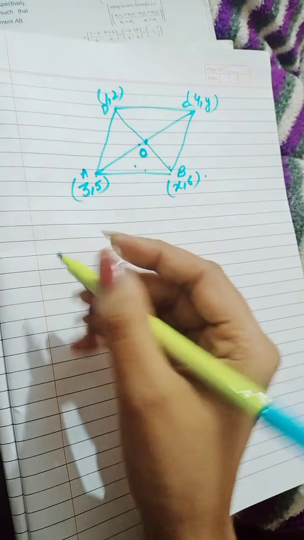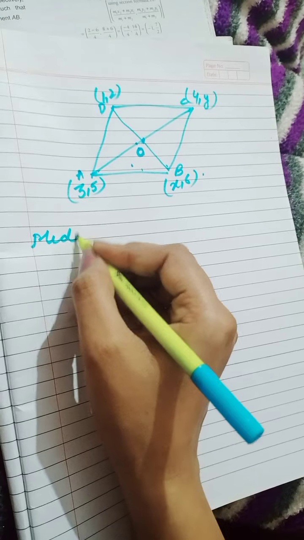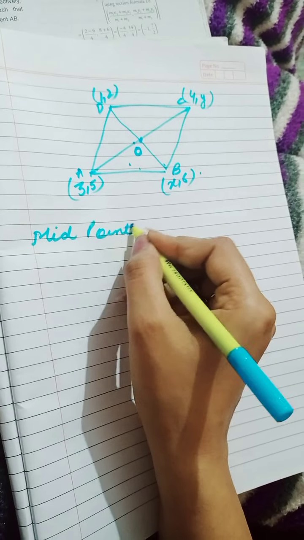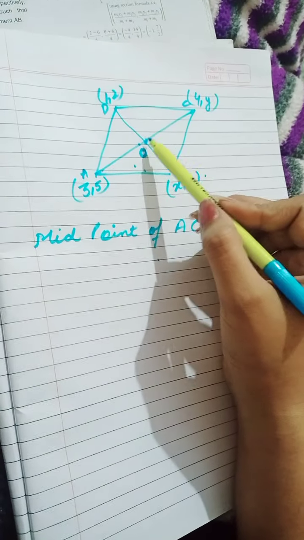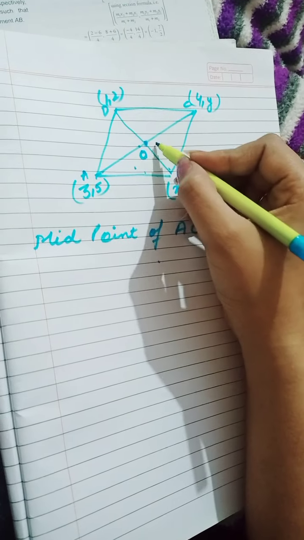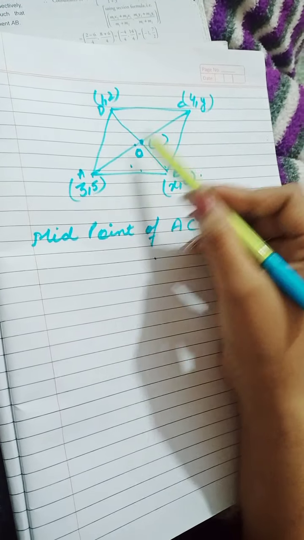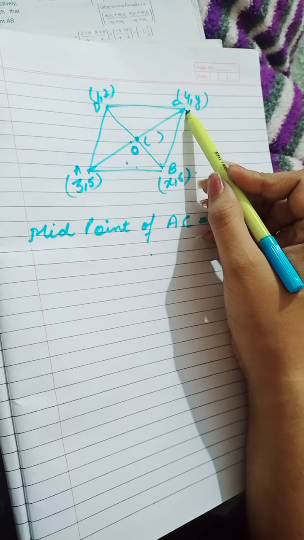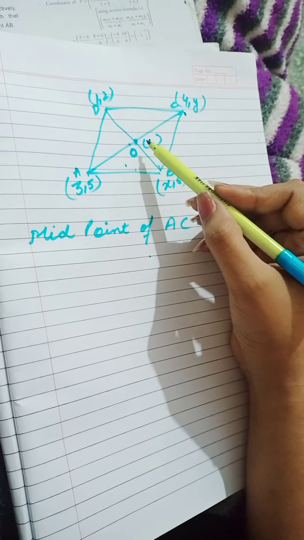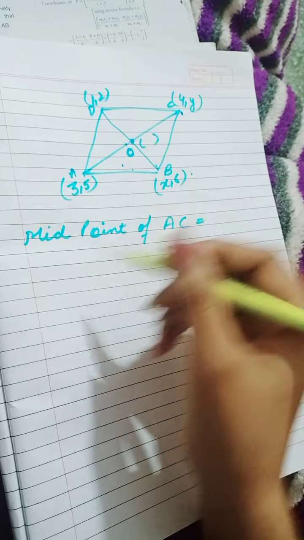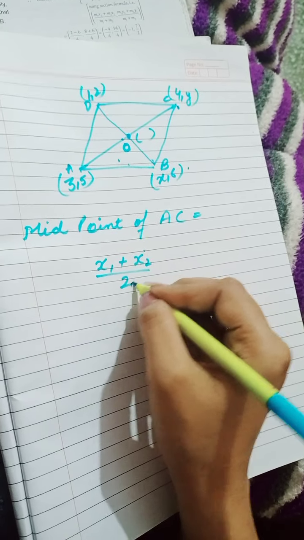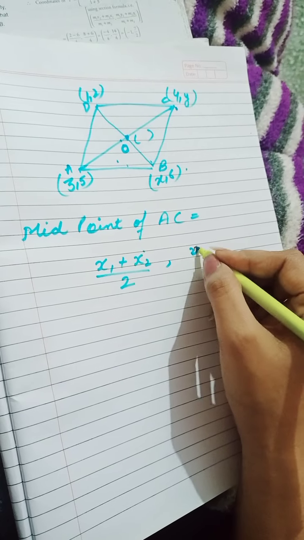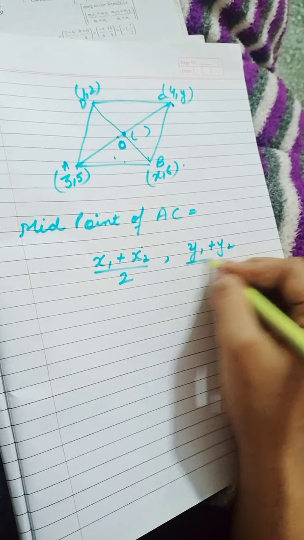So let's find the midpoint of AC first. How will we find it? Very simple. If you want to find the coordinates of this point using line AC, you can use the section formula. But whenever you have to find midpoints, there is the formula (x1 plus x2) divided by 2, and the second coordinate would be (y1 plus y2) divided by 2.